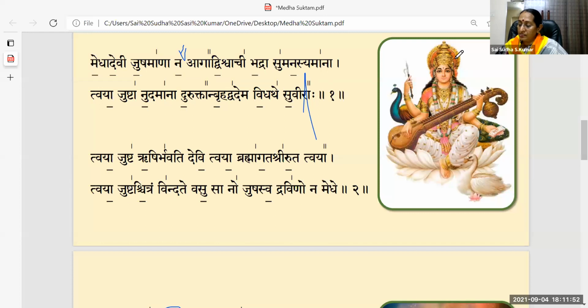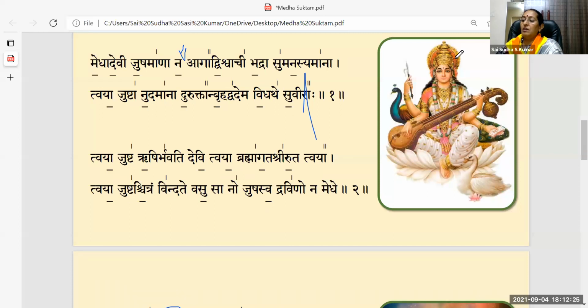Before she arrives, we are wasting our time in ordinary talks. Once Medha Devi comes and blesses us, then we make use of our speech in a good manner, and we start chanting and learning new things.